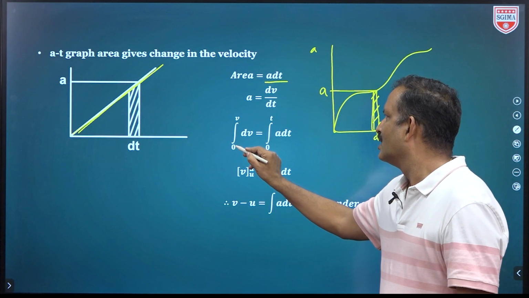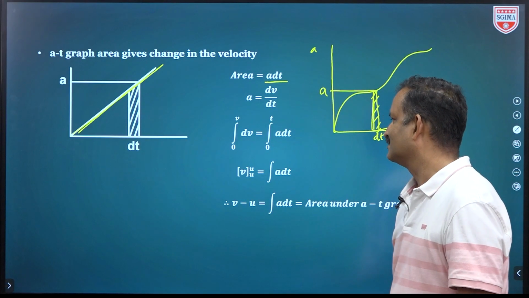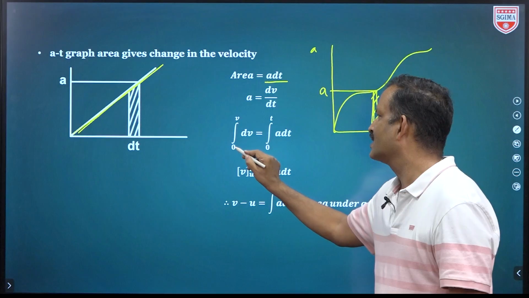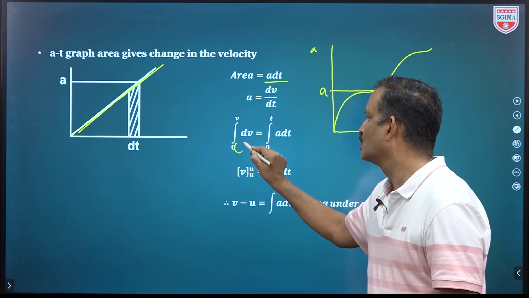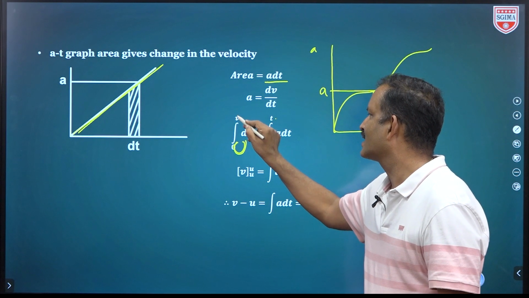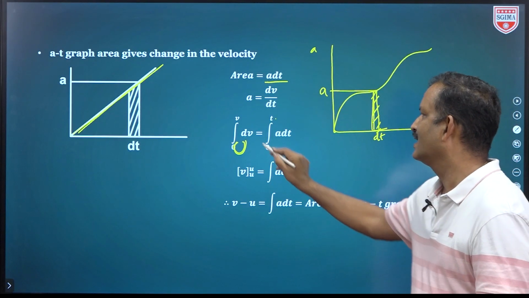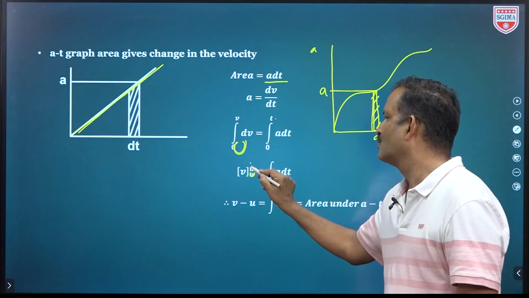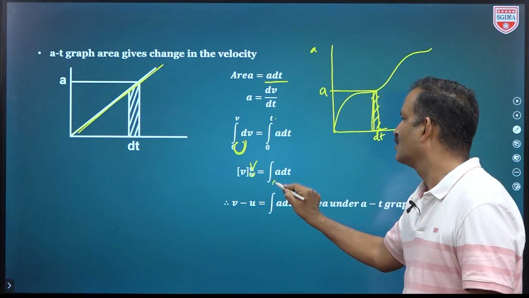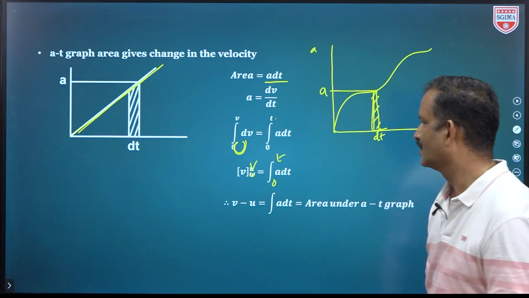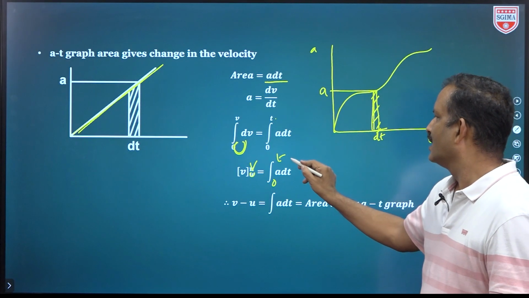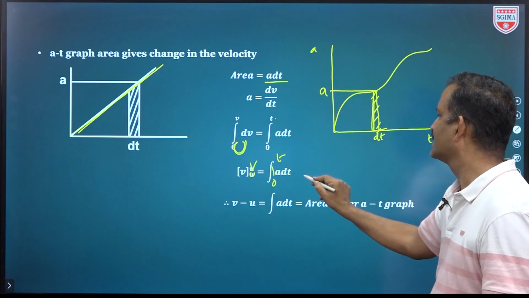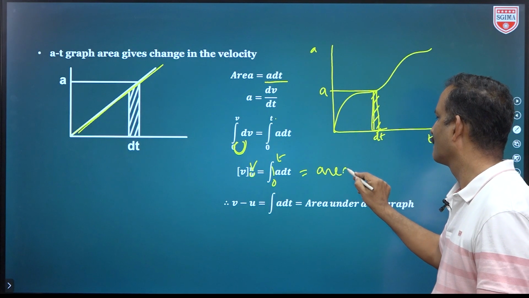Integrating from 0 to t, suppose at time 0 the velocity is u and at time t the velocity is v, then the integration of dv is v, from velocity u to v, for time 0 to t. So, the integral of a dt gives this area.